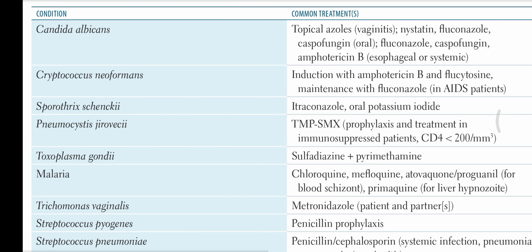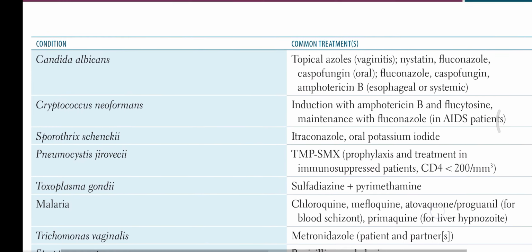Nystatin and fluconazole can be given orally, and fluconazole, caspofungin, and amphotericin B are given for esophageal or systemic infection.